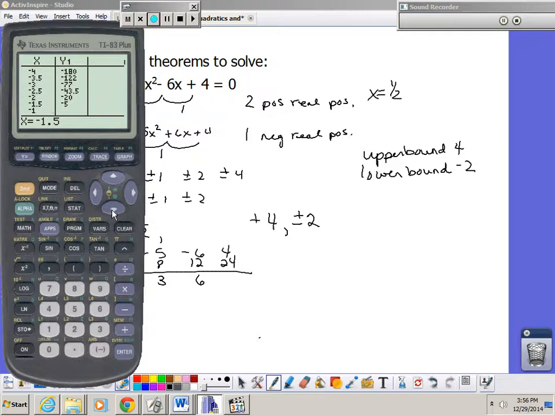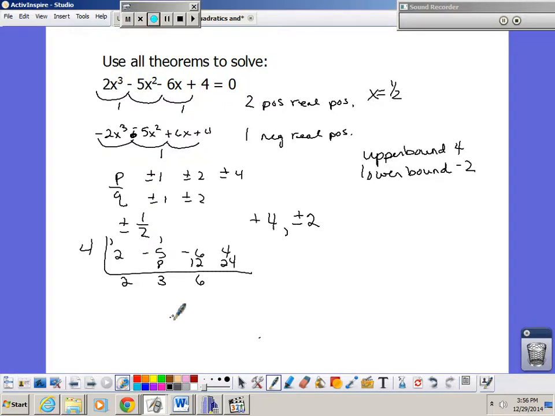See, I didn't screw up. They're irrational. So that's the only root that I can find that's a positive integer. The other ones are irrationals.